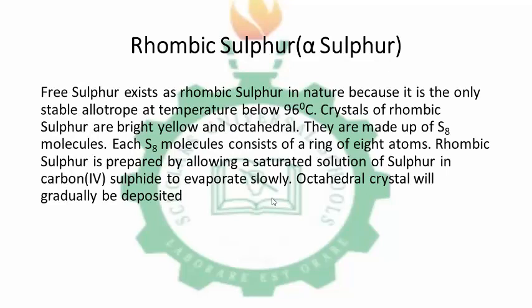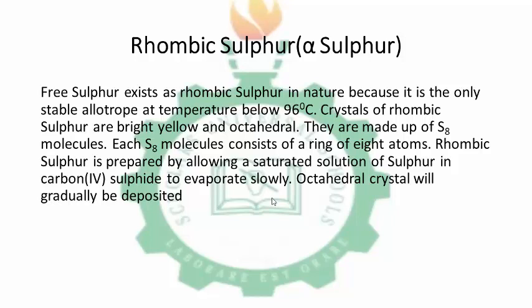Now rhombic sulphur. Free sulphur, that means the normal sulphur that we have as a raw material, as deposits in raw materials, exists as rhombic sulphur in nature because it is the only stable allotrope of sulphur at a temperature below 96 degrees Celsius.